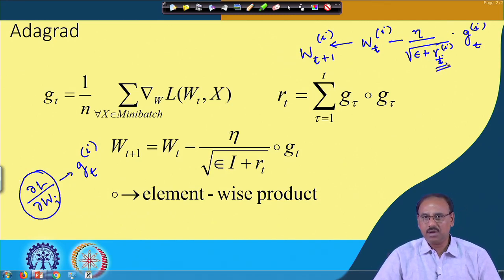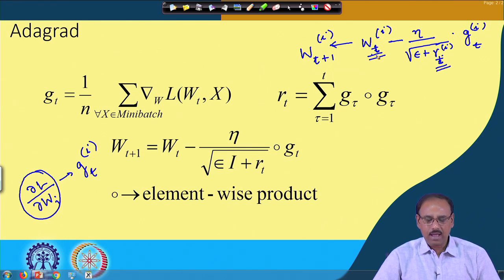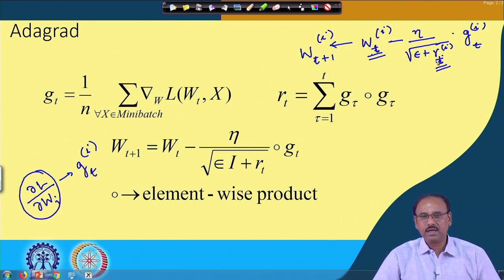As a result, 1 upon square root of Rt i will be small, and that makes the learning rate of the corresponding ith component of the parameter small. And if Rt i is small, then the corresponding learning rate of the ith component of the parameter vector will be large. So this is how the AdaGrad algorithm is adaptively tuning the learning rate of individual parameters, or individual weight components of the weight vector.